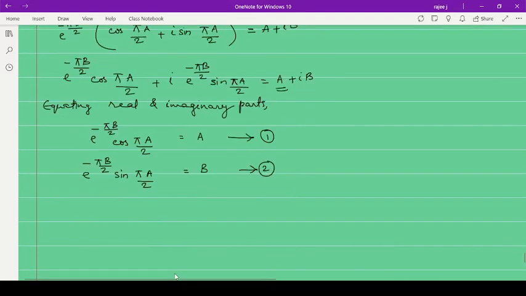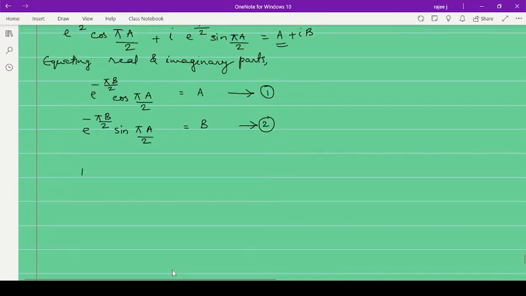Okay, now just square and add 1 and 2. So 1 square plus 2 square. When you do 1 square, what will you get? You are squaring this one, e raised to minus pi b by 2 cos pi a by 2 whole square, equal to, right side square will be a square.